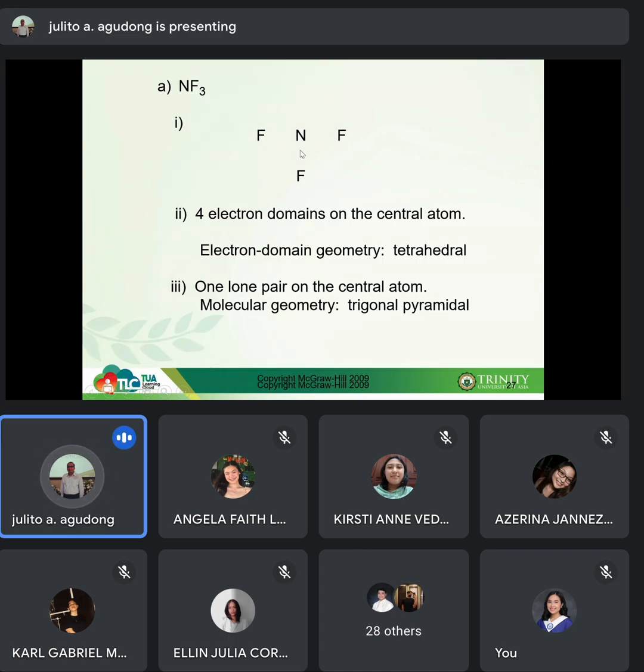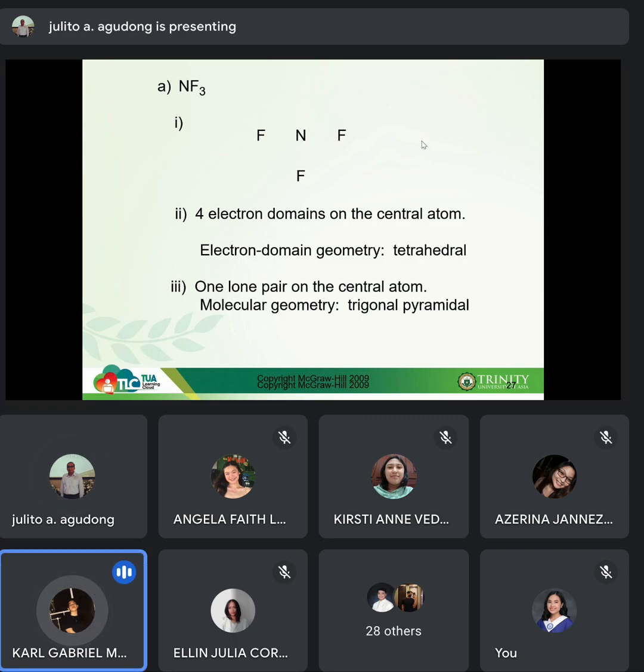And you have a lone pair, a non-bonding pair, so E1. AX3E1 would be the molecular shape designation for the molecule. Do you understand, class? Okay, very good.